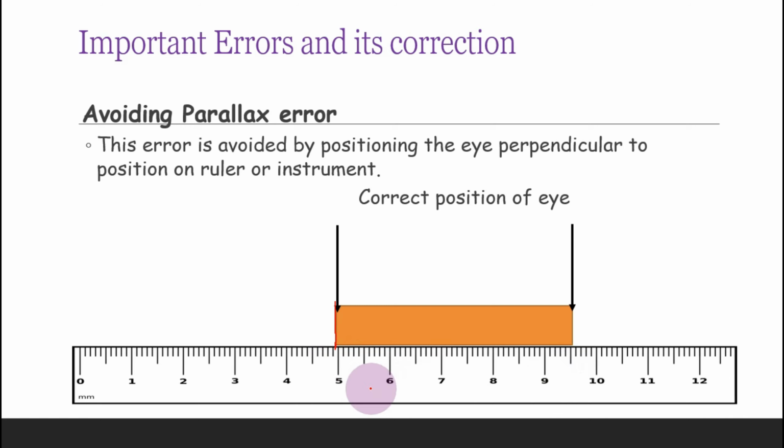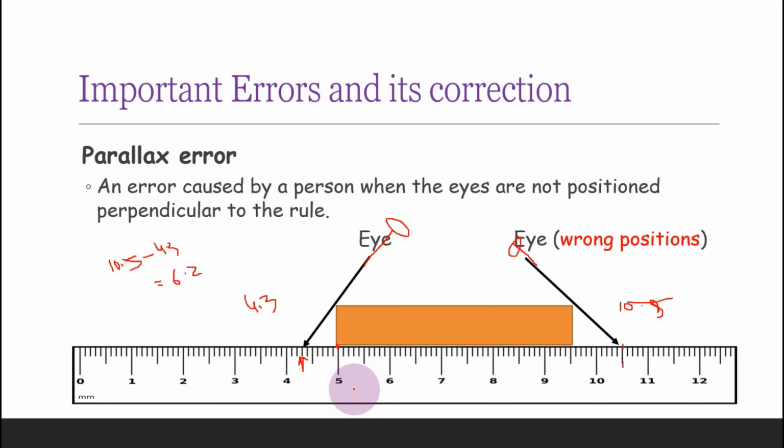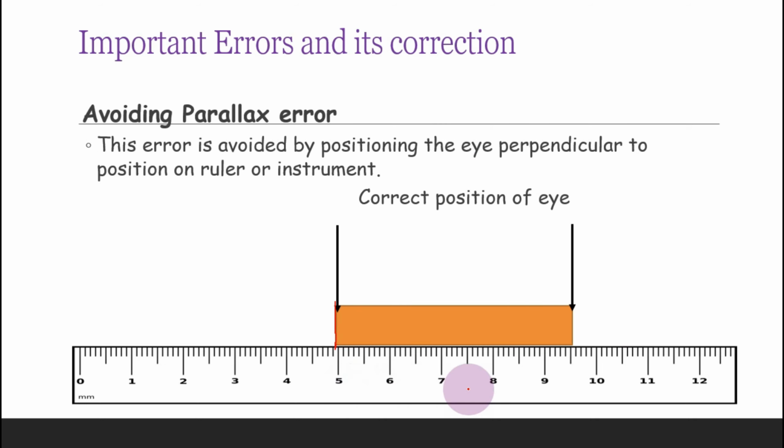So 9.5 minus 5 gives you 4.5, while over there it was 4.3, which is wrong. So there is an error caused of 0.2 nearly.